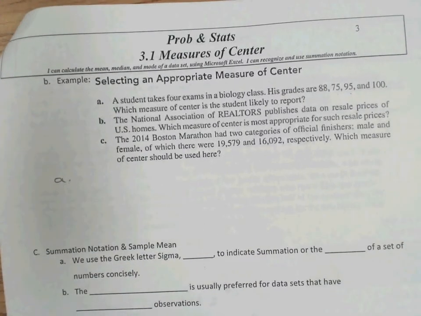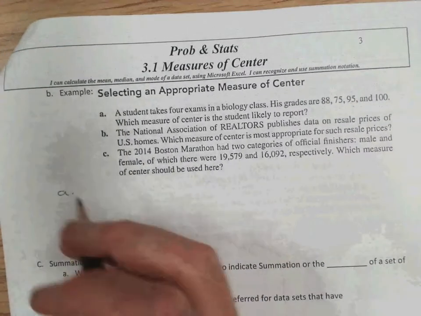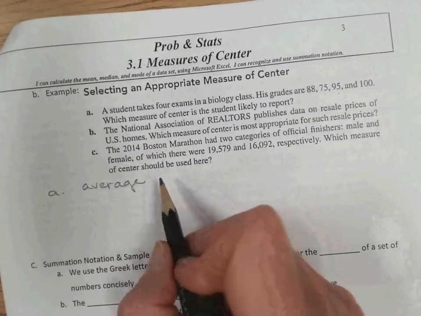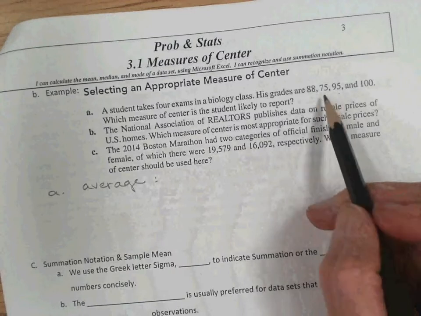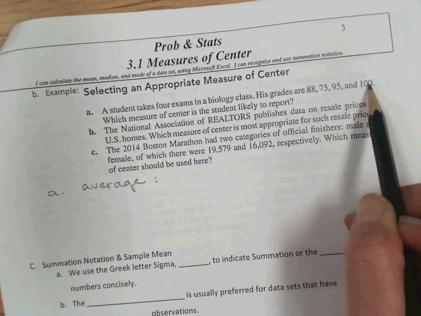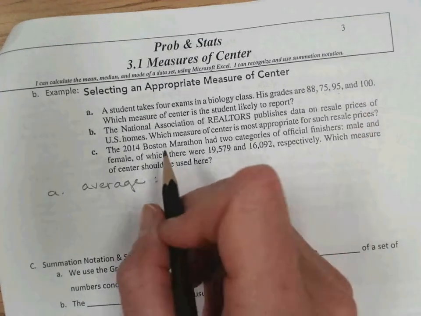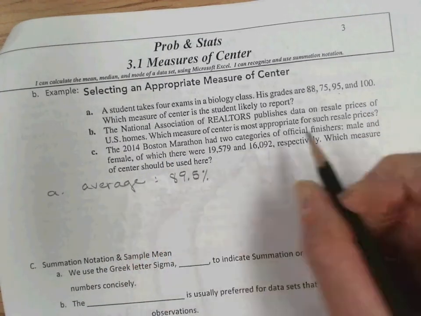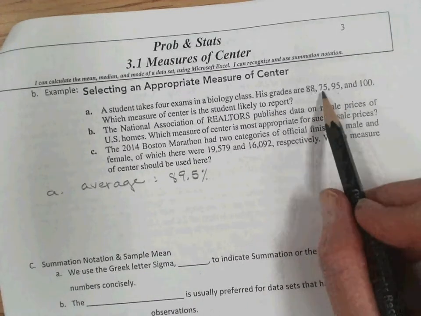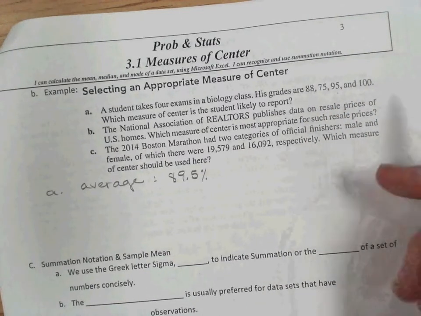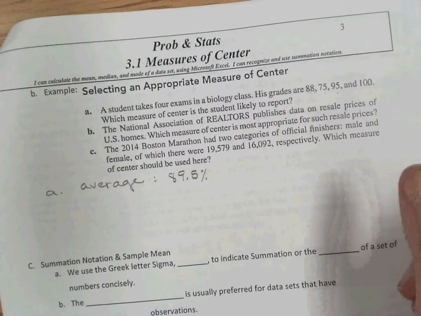Well, typically we report an average when we're talking about grades. Right? So we would add all of these together, divide by 4, and get 89.5. And you can see 89.5 does a good job of finding the center of that data set.